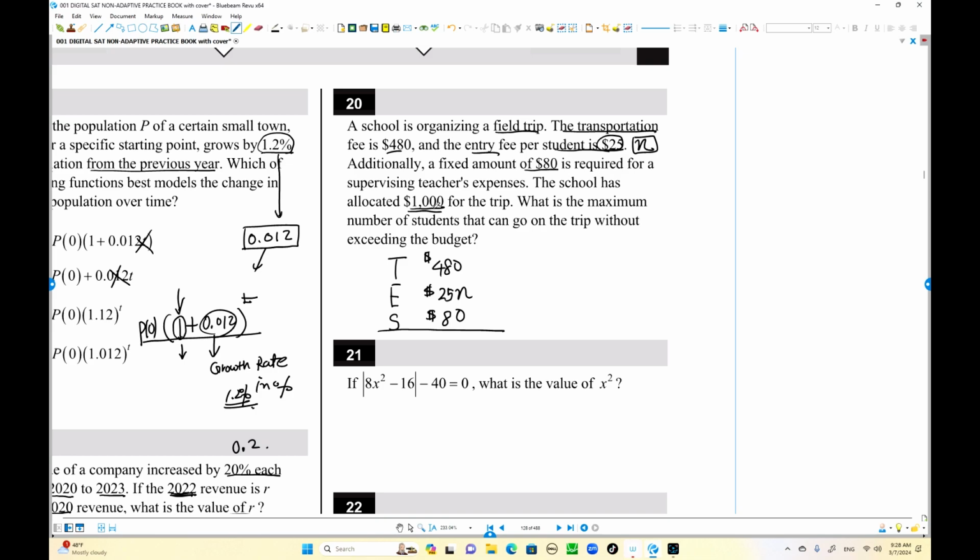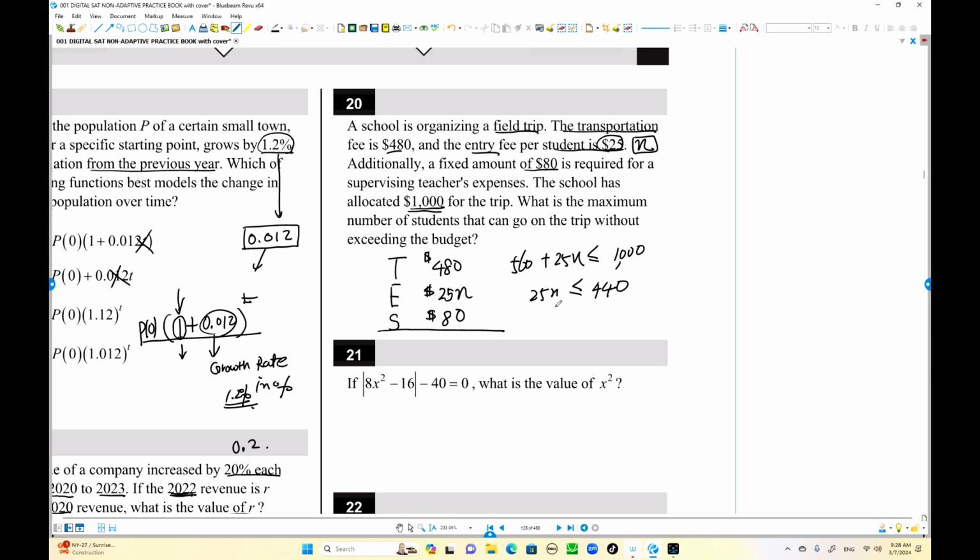It can't be more than this. So you can add this: 480 plus 25n plus 80, which is 560. This should be less than or equal to 1,000. So 25n is less than or equal to 440.